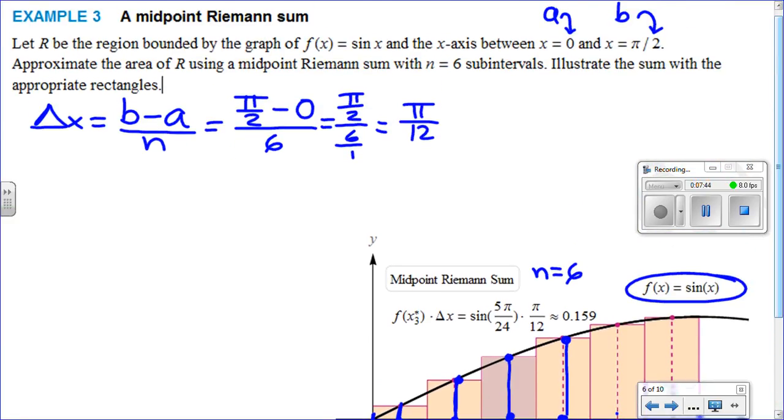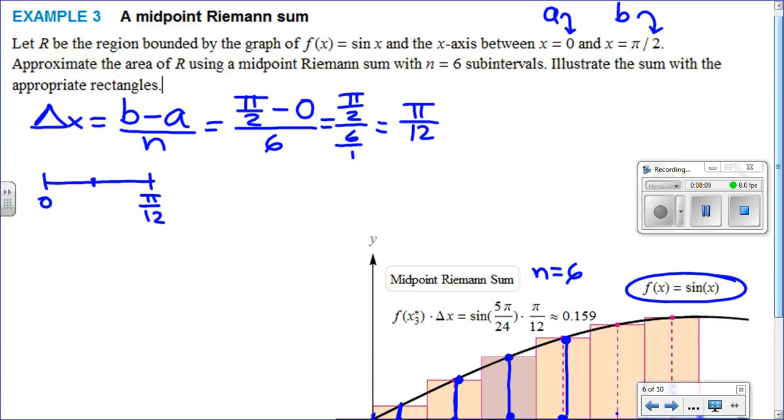And so for that formula, first of all, we're going to find our first midpoint. Think about it: you're going from 0, the base of our first rectangle, to pi over 12. So the midpoint is going to be pi over 24.